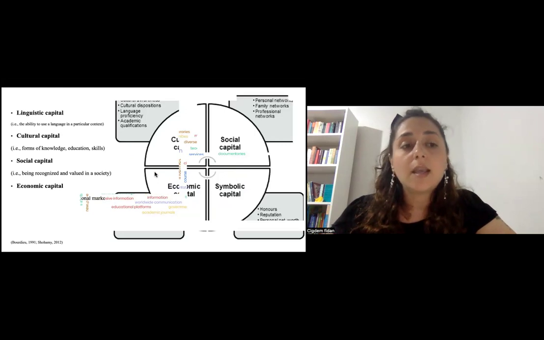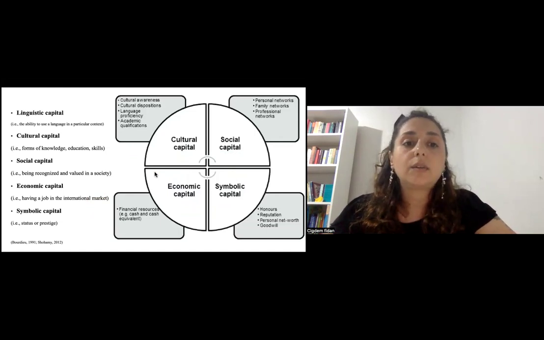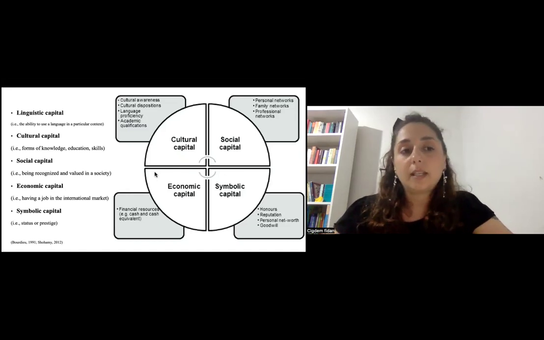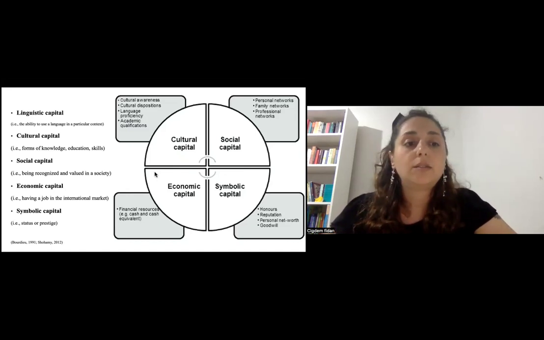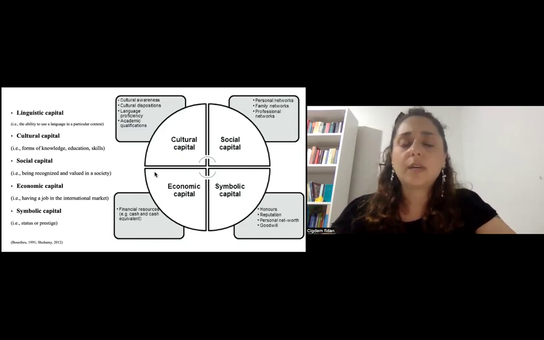And this is right, as Bourdieu also states that English as a global language can help us to accumulate various forms of capital, like linguistic capital, cultural capital, social, economic, and symbolic capital, which are really resources that English provides us.